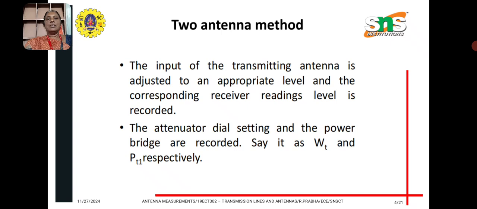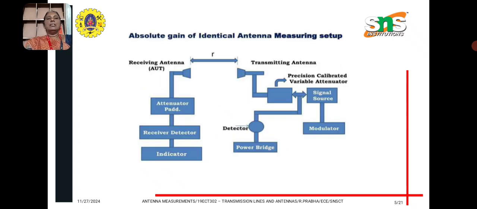Say it is WT and PT1 respectively. And this picture shows the diagram of the absolute gain of identical antenna measuring setup. It consists of the receiving antenna on the left side and the transmitting antenna on the right side. The receiving antenna is the antenna under test.